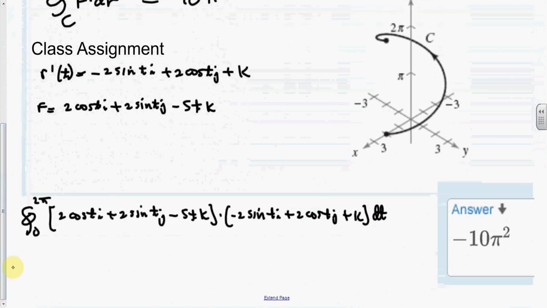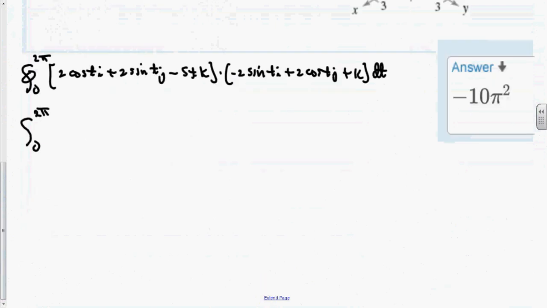Okay. Everybody with me so far on that? Do that dot product, and so we end up with the integral from 0 to 2 pi. That's negative 4 cosine t sine t plus 4 sine t cosine t. That's sweet. They cancel out. See, that's why Brother Newton was finished real quick. He saw that and got rid of that.